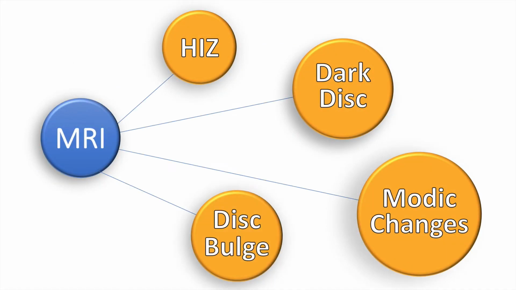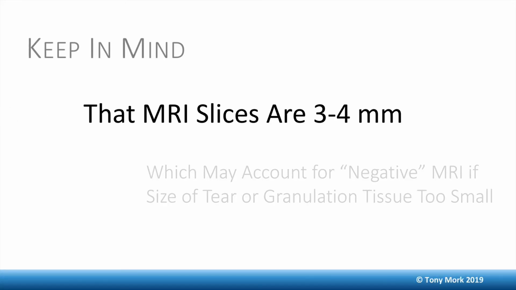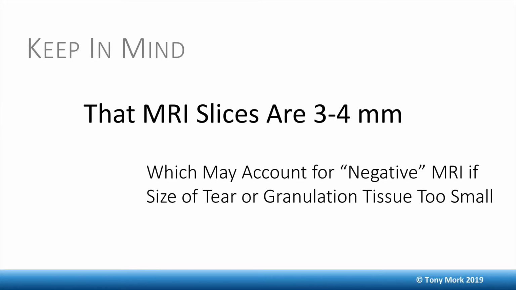On MRI, you might see a high intensity zone, a dark disc, Modic changes, or a disc bulge, any of which can suggest an annular tear. You have to keep in mind that the MRI slices are 3 to 4 millimeters, which may account for a negative MRI scan if the tear or granulation tissue is too small to be seen.